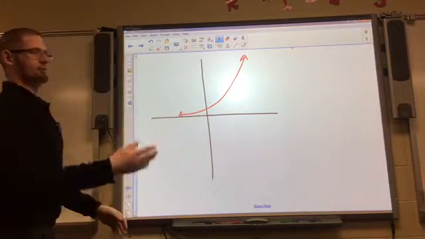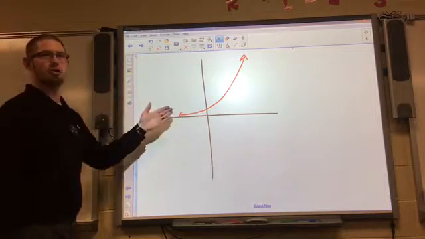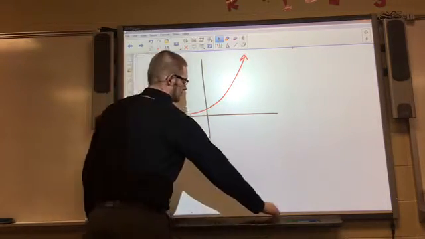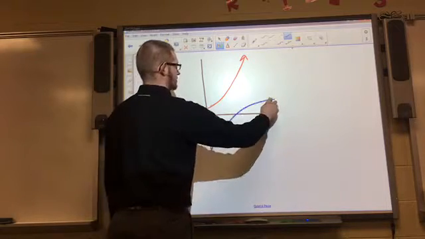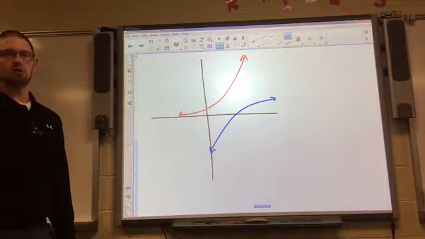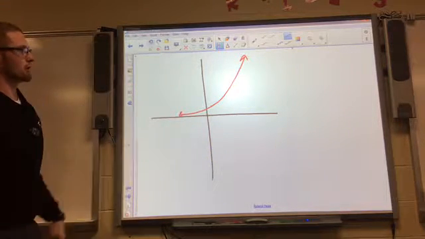So if I plug in a bigger x, my answer is going to get larger. That's typically what exponential growth functions look like. But any exponential function is going to have a curve that looks something like this, maybe over here. That would be an exponential function just based on what it looks like. That's just the general form.